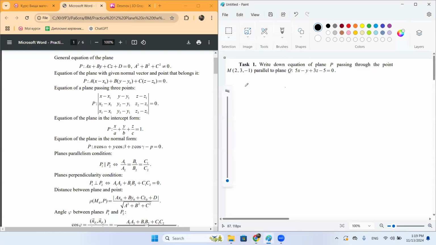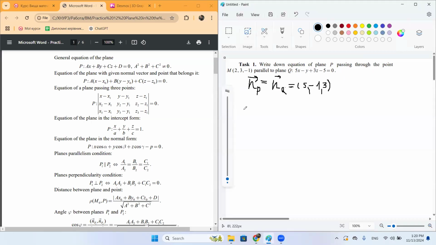Yeah, so we can use normal vector of Q. So let's write that NP equals NQ, and it equals 5, minus 1 and 3.